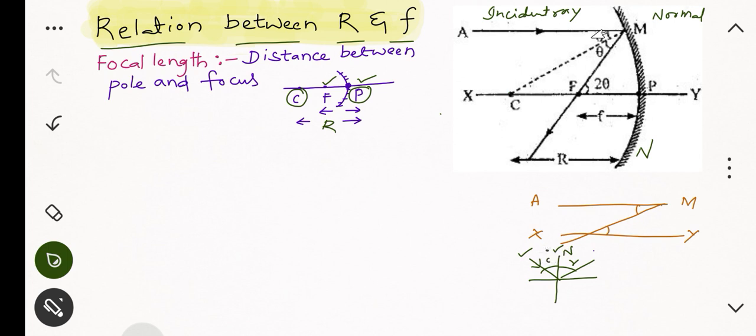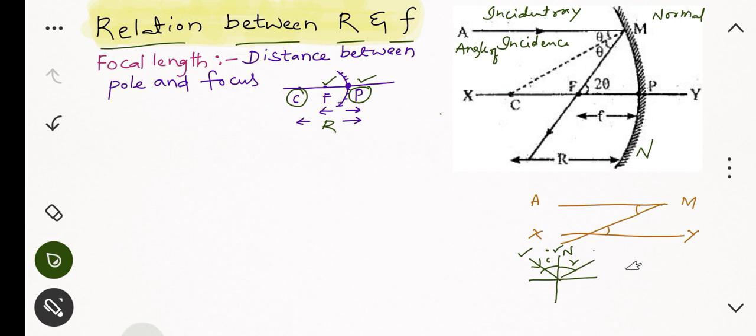Here the angle of incidence is theta, the angle at which the incident ray AM is incident on the mirror.